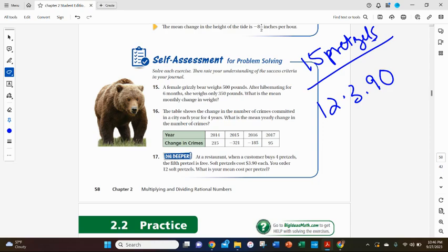So 12 times $3.90. Well, you could do the long multiplication, or we could just guesstimate here and say we have 12 times 4. 12, 24, 36, 48. That's $48. But then we have 10 cents here we have to make up.